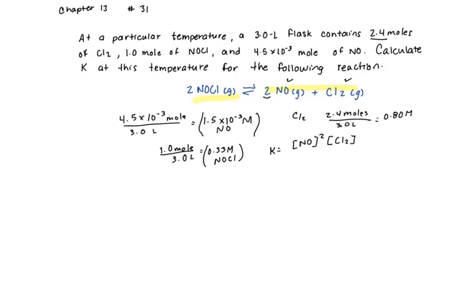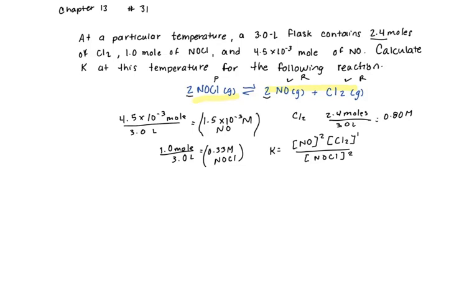No exponent because there's no coefficient. It's the same as putting a 1, if you prefer that, or just leaving it empty. Over, what's our products? NOCl is our product over here. Now we do have a coefficient, so that's going to be an exponent of 2.